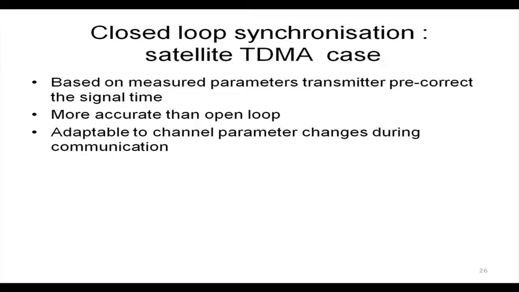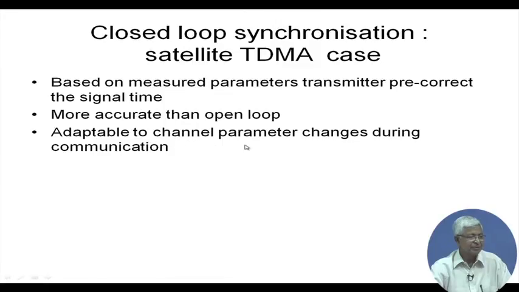If there is a drastic change, or any change during the operation, the open loop system assumes a model, and after some time it will use either available data or model data for pre-correction. Here it is more accurate. So, it will not allow the error to grow large.